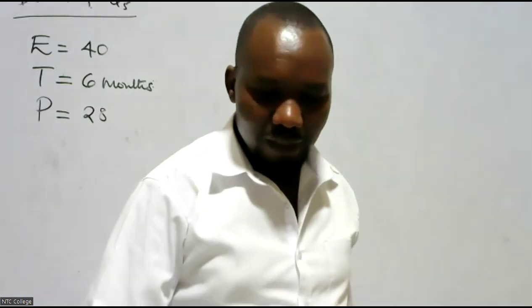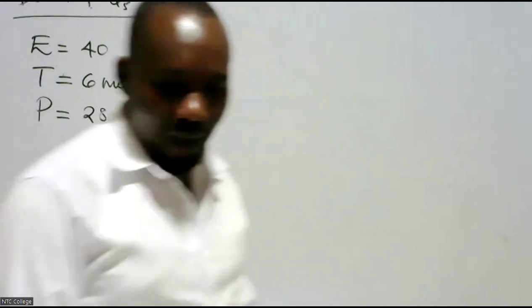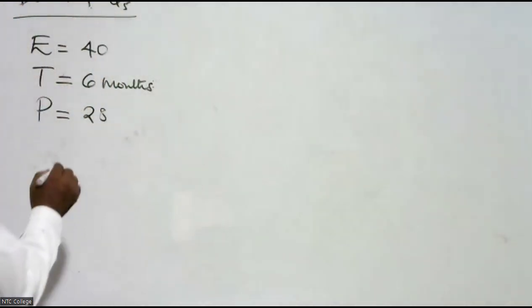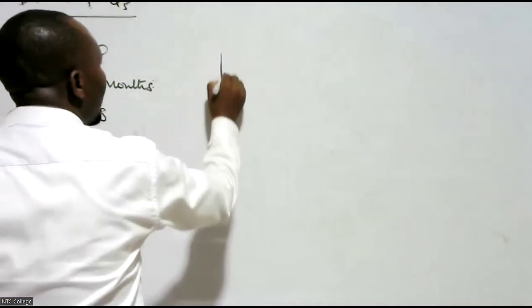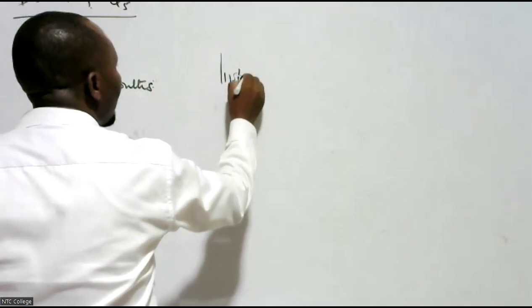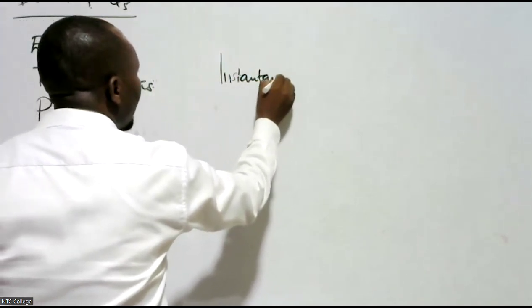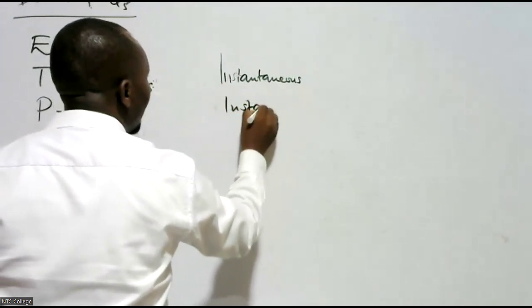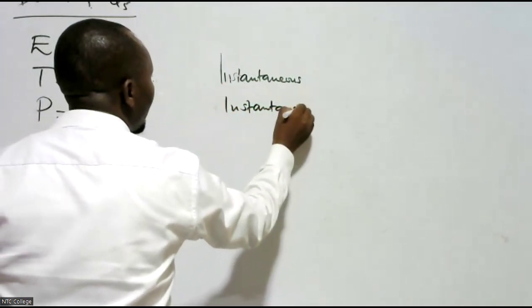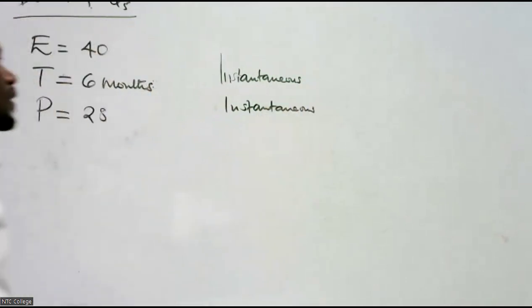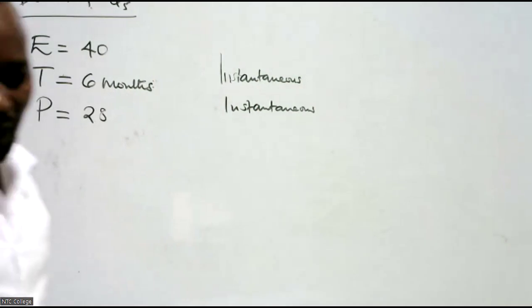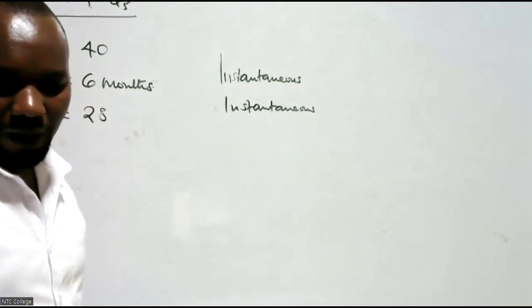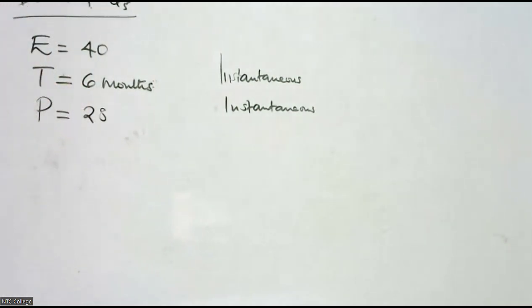And the instantaneous variance of the return of the underlying asset is 0.5.